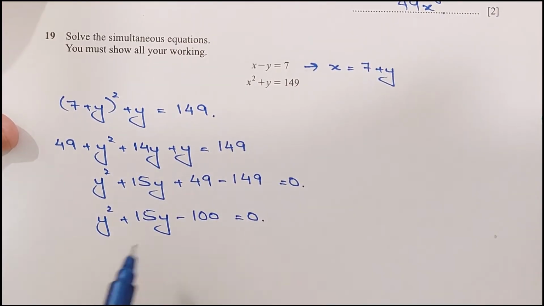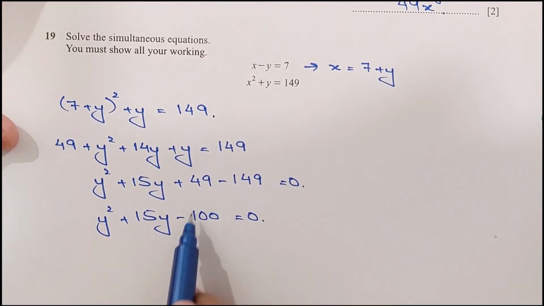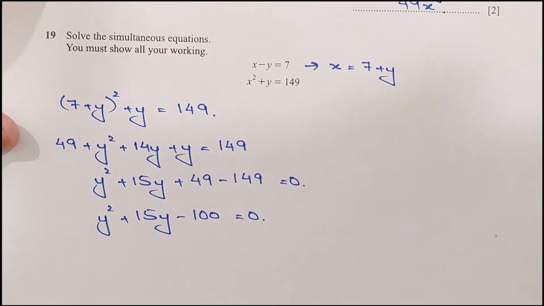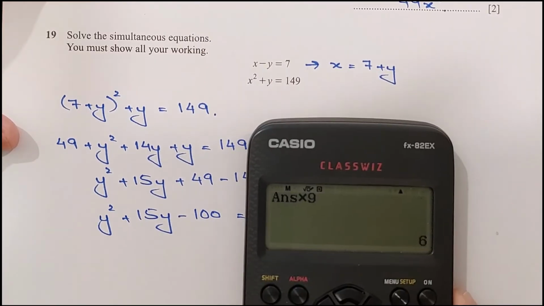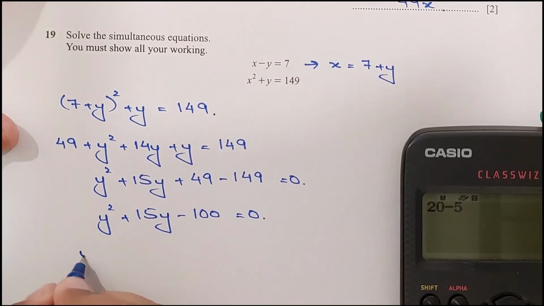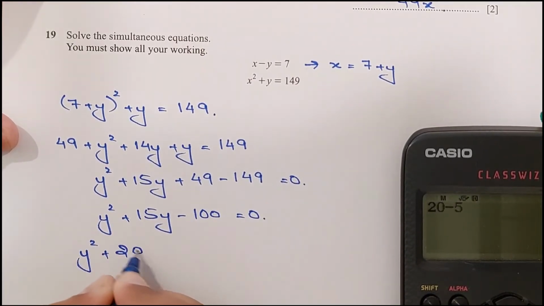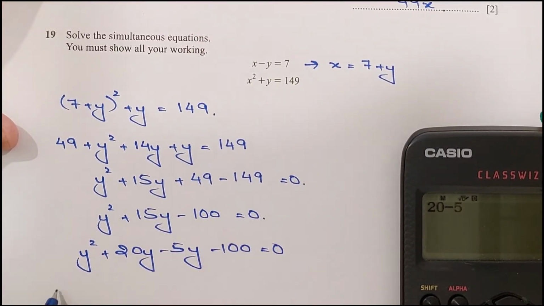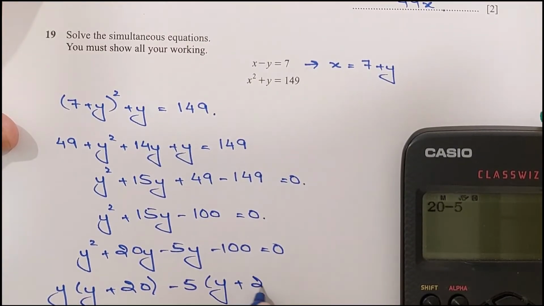So let me factorize this. We have 100 and break the middle term to get 15, right? So 5 times 20 is 100, and 20 minus 5 is 15. y square plus 20y minus 5y minus 100 equals 0. y is common, y plus 20 is left, minus 5 is common, y plus 20 is left, right?